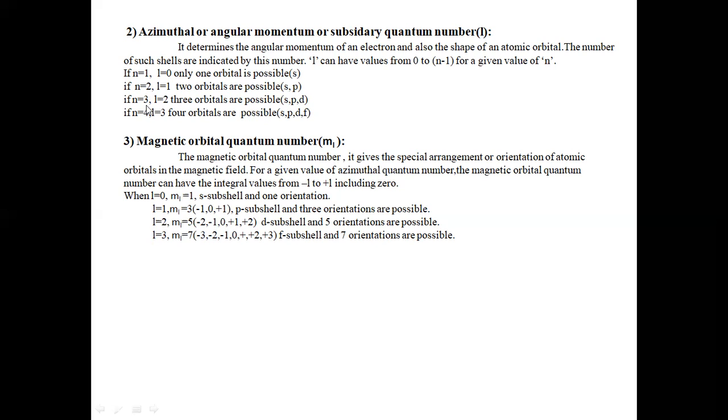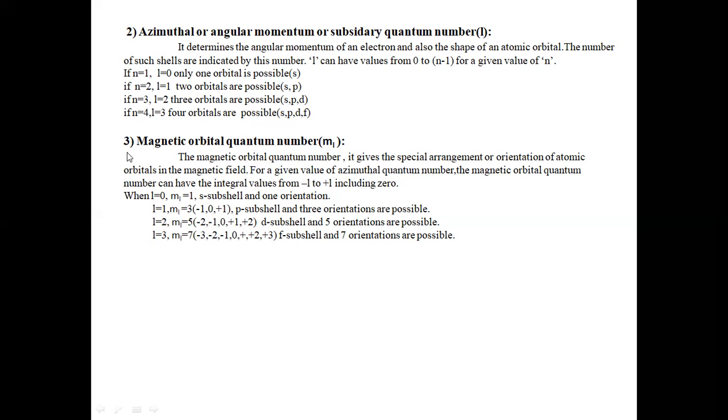If n is equal to 3, then l will be equal to 2 and three orbitals are possible, those are s, p, d. If n is equal to 4, then l will be equal to 3 and four orbitals are possible: s, p, d and f.